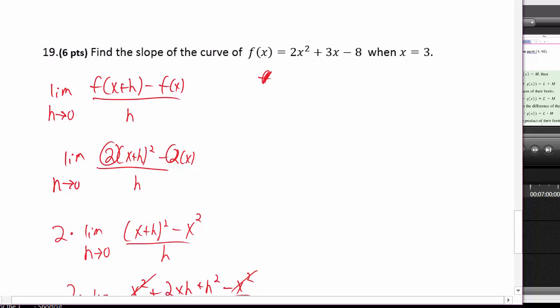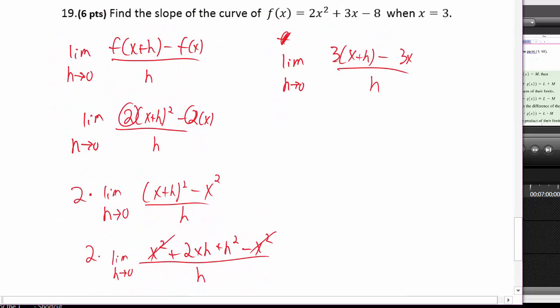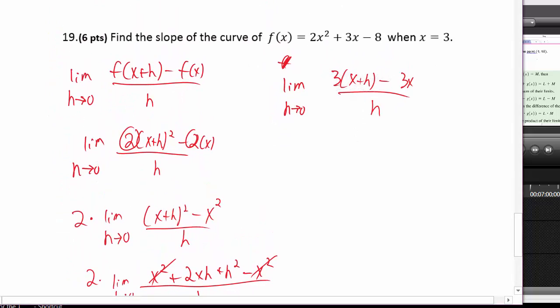So now I'm going to do the limit as h approaches 0. I'm going to apply this rule again, but for the function 3x. I could do 3 times x plus h minus 3x, all over h. But I'm going to choose to factor out the constant. Again, this is just something I'm choosing to use. I'm making it a little easier. Again, you don't have to do this.